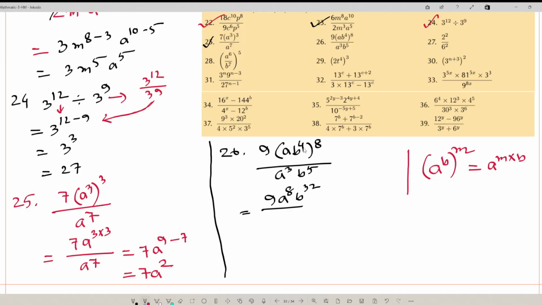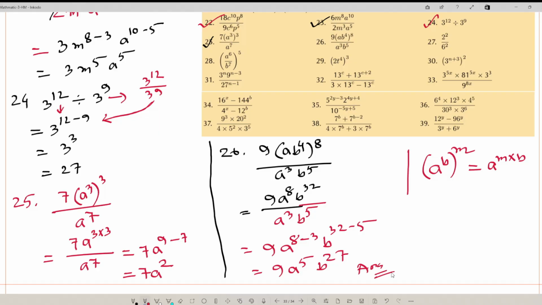So similarly, 4 times 8 means 32, and here is a^3 b^5. So 9a^(8-3) b^(32-5). So 9a^5 b^27. This is our answer. So 26 is done.